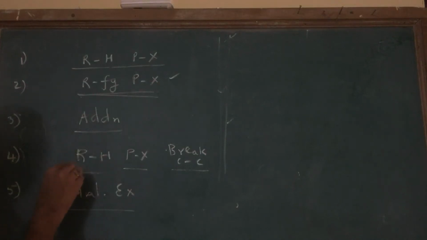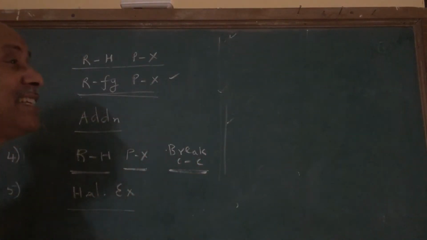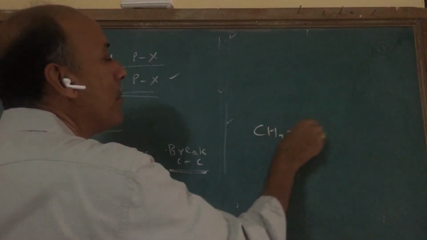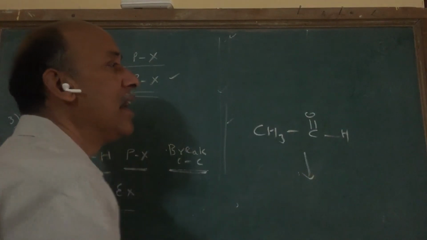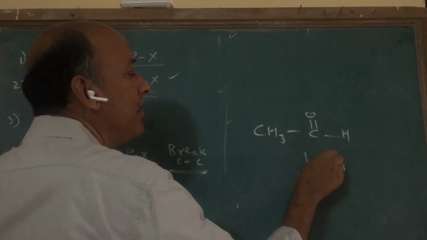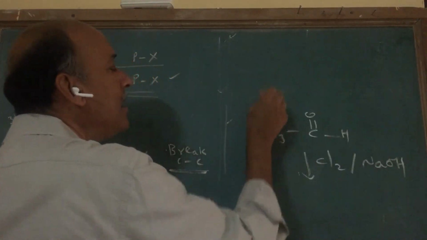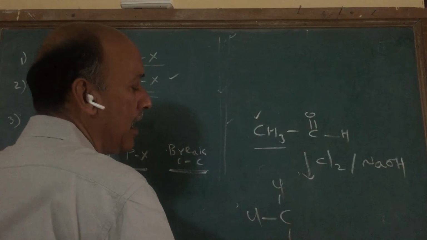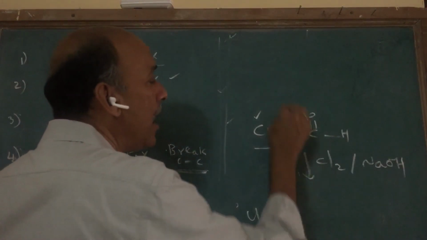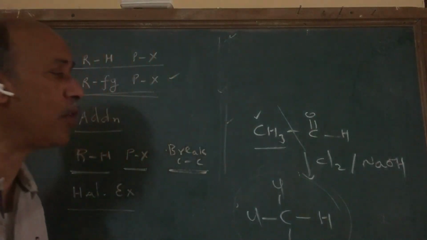Next you have the replacement of hydrogen, placing halogen, breaking the C-C bond. It is a very important type of reaction. For example, a compound like acetaldehyde can undergo a reaction with a halogen in the presence of base. Here, the alpha hydrogens are replaced by halogen atoms, and this bond breaks, so you will get a compound like chloroform.